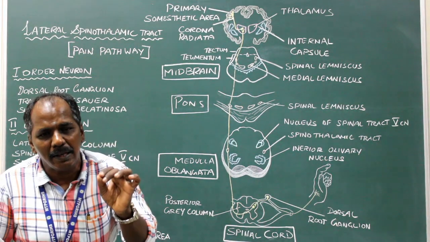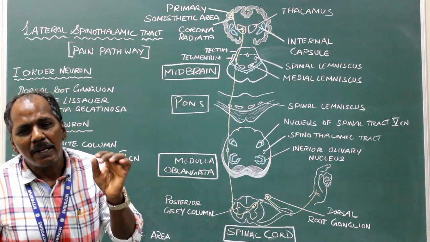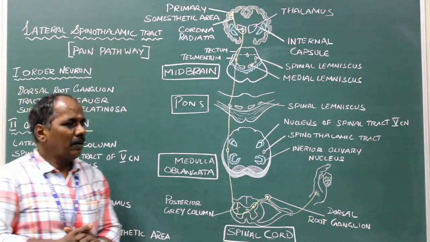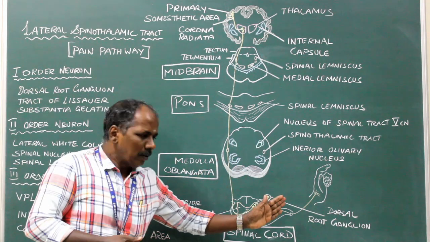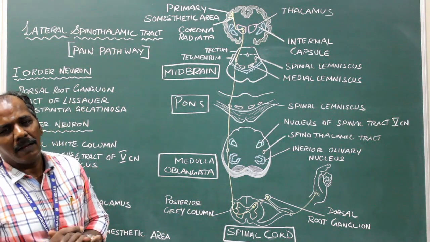It reaches the somesthetic area, which is present in the postcentral gyrus of the cerebral cortex. So this is the origin, course and termination of the lateral spinothalamic tract.